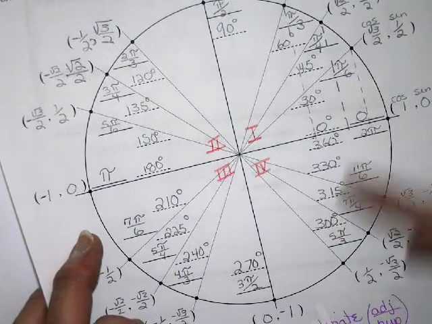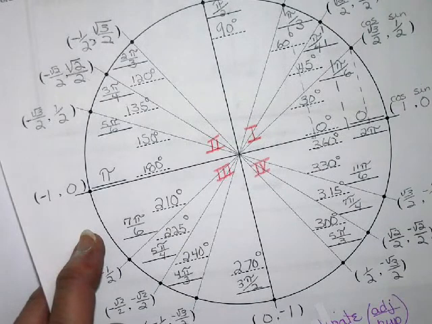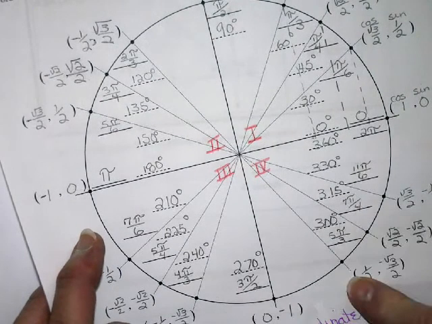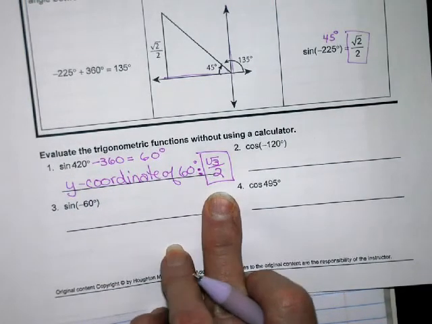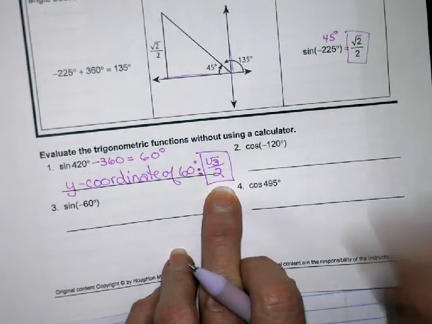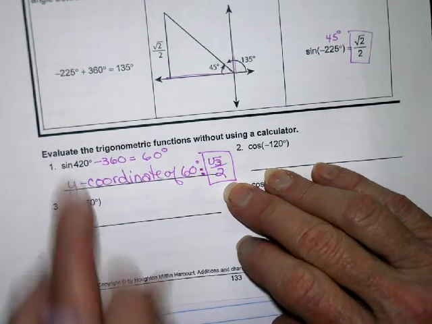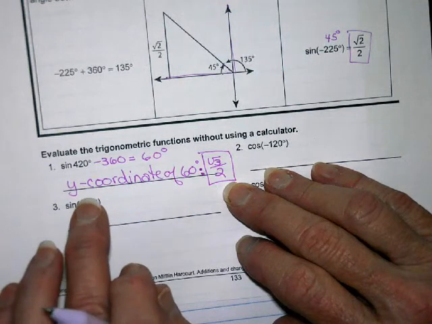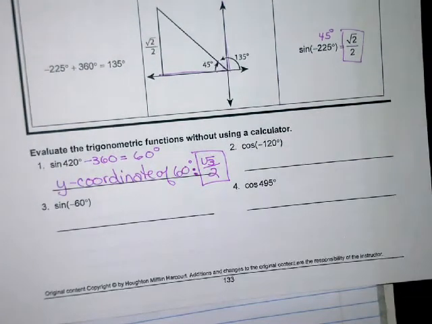In the homework, you'll start with angles that are common on the unit circle, and then they'll take you out to angles that you can't have a ratio like this. You have to round a decimal. But this is a perfect measure of the sine function for 60 degrees, 420 degrees, whatever it is, okay?